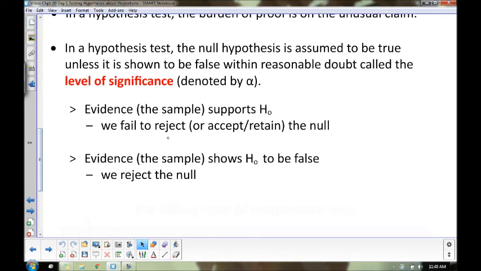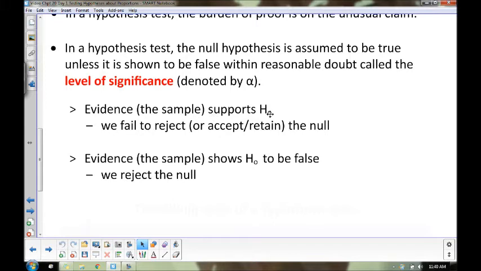So when we have evidence that supports the null hypothesis, we say we failed to reject the null. It does say in here accept or retain the null, but please, just for safety's sake, because sometimes these words do not necessarily hold true, just say that.